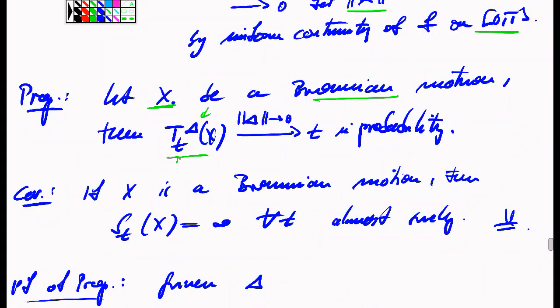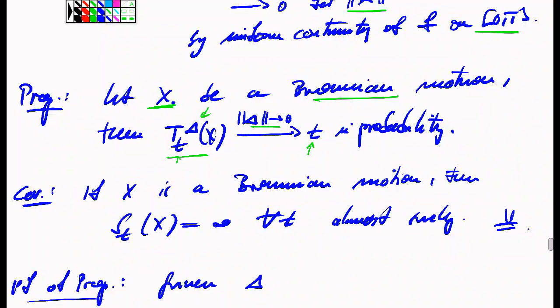And I'm saying that this approximative quadratic variation of Brownian motion for given time t converges to the constant t, to the deterministic quantity t, when the mesh size converges to 0.